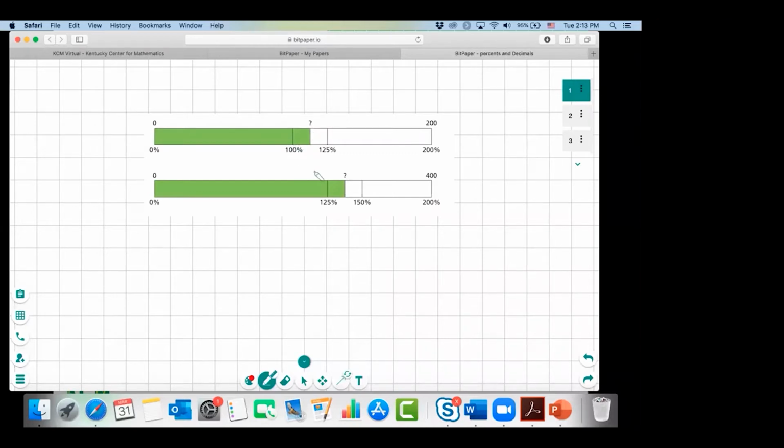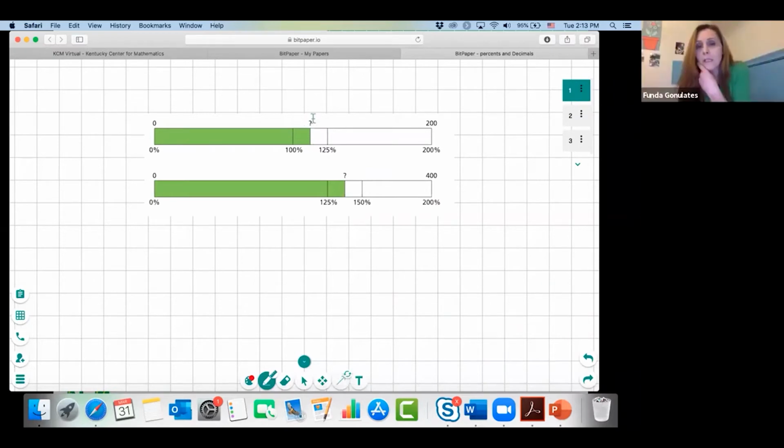So that's like 12%. Or you can go with 10, even a little bit more of the 200 to figure out where you're at. So this is halfway between these two numbers. That's what we decided.